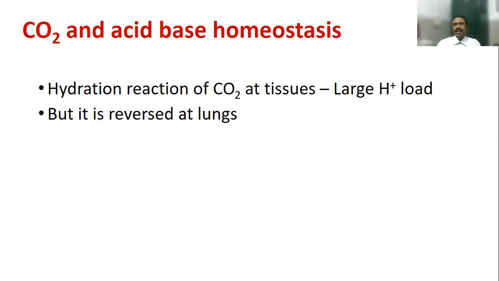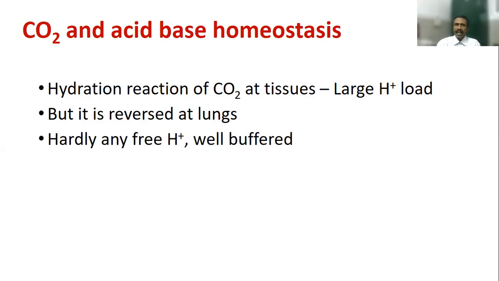And the other reason is that whatever hydrogen ion is formed by the hydration reaction doesn't remain as a free hydrogen ion. It is immediately buffered by the deoxygenated hemoglobin. It just grabs and binds that hydrogen ion, so it doesn't cause any change in the acid-base balance.